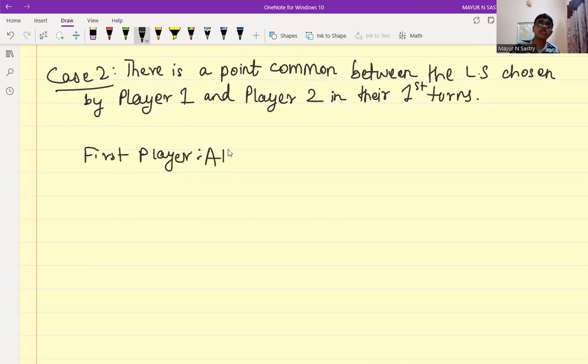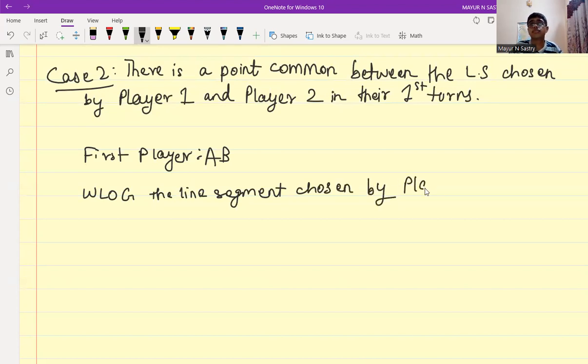And what I'm going to do is, I'll say that without loss of generality, the line segment chosen by player 2 contains the point A. That is, either it's AC, AD, or AE.